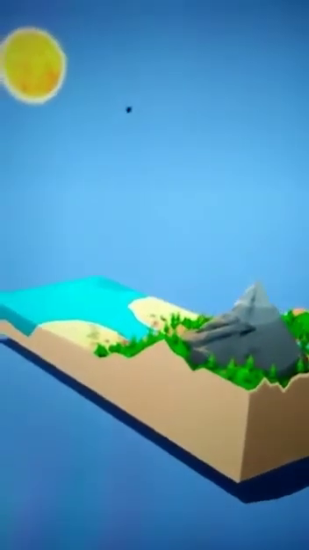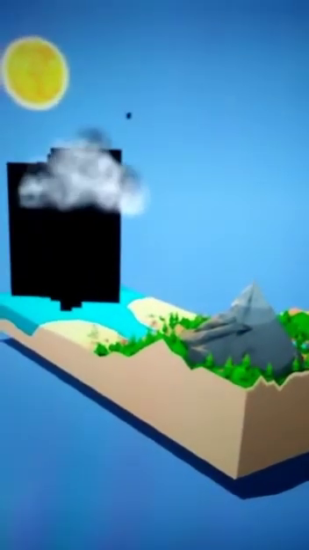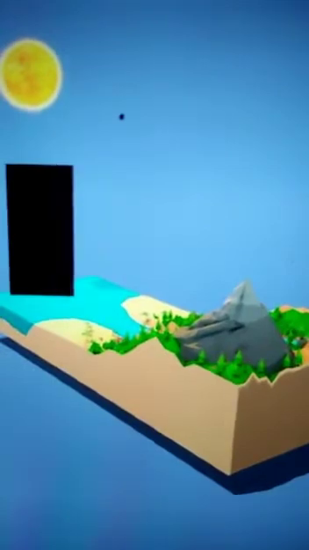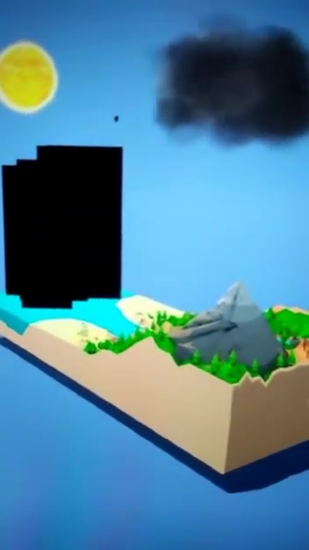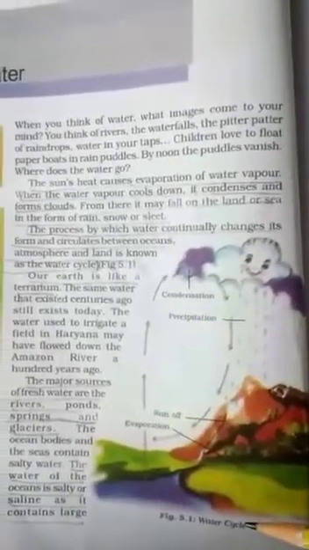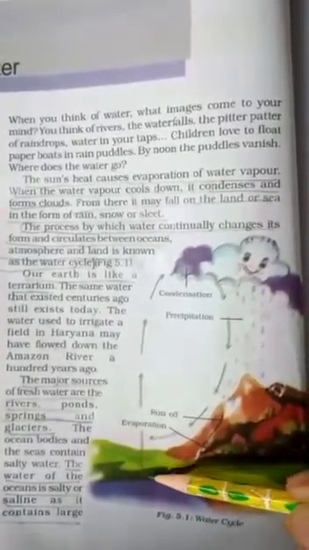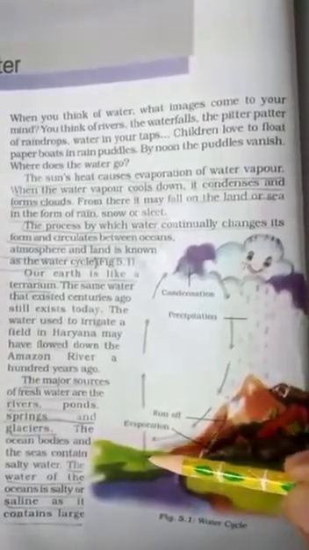The natural process of circulation of water from land to the sky and back to the land again is called the water cycle. Now once again, let's see what the water cycle is and how it works. Water is evaporated because of the sun's heat.